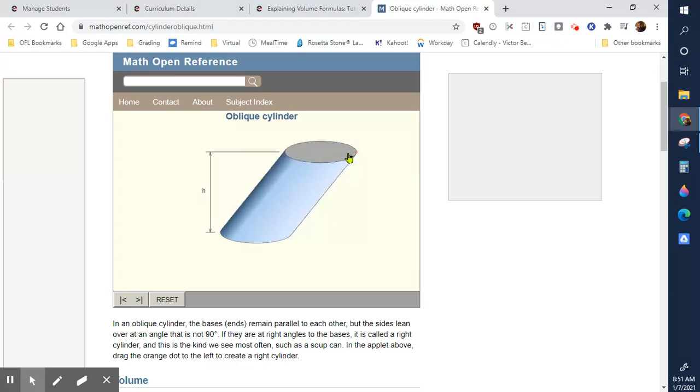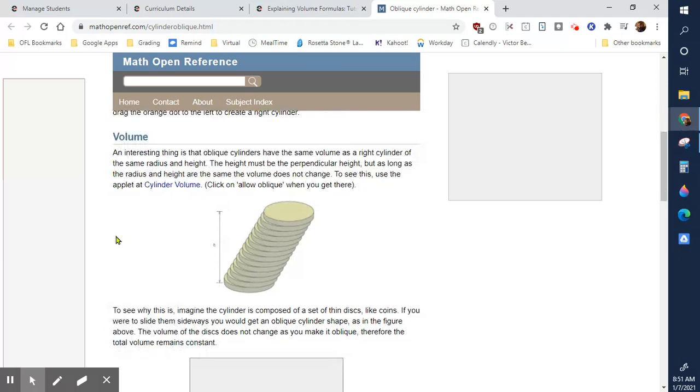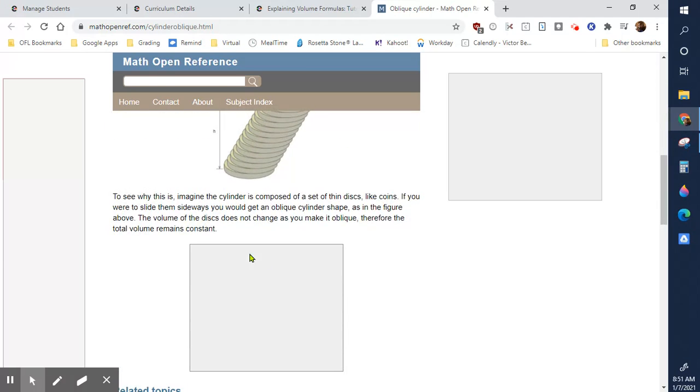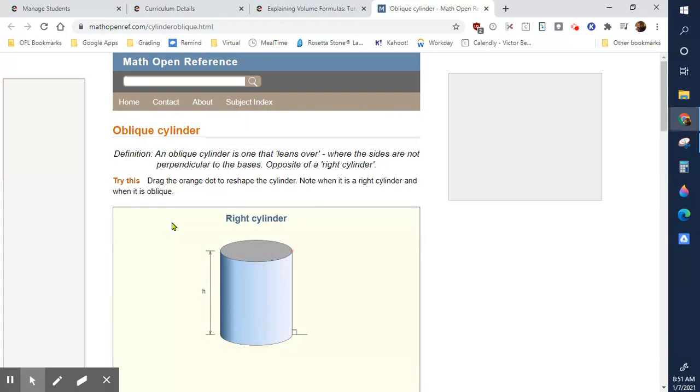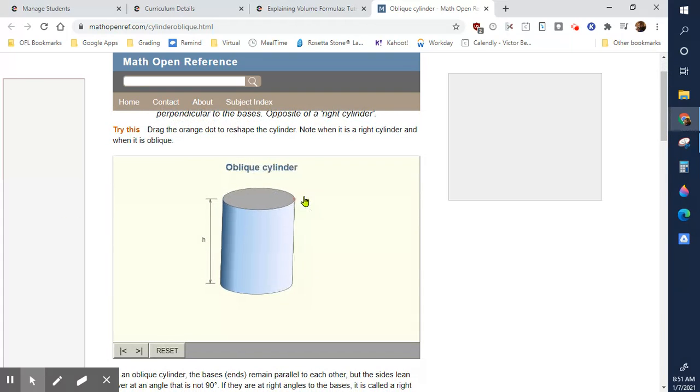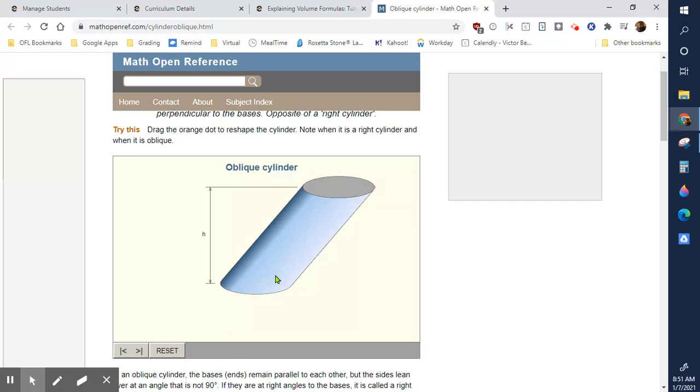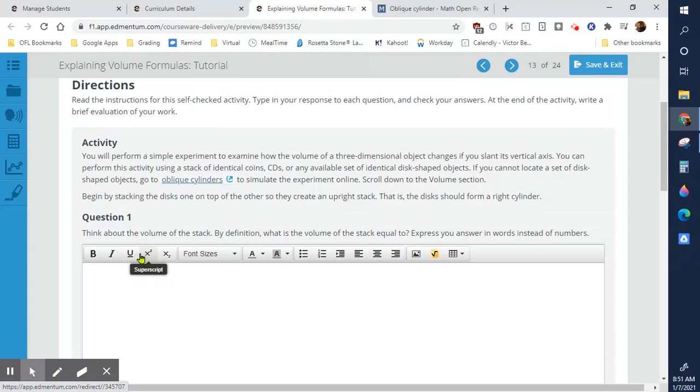So that's how come Cavalier's principle holds up. You're just having all these coins move, but those coins have not changed volumes, ergo, all of them together have not changed volumes. So that's Cavalier's principle in a nutshell.